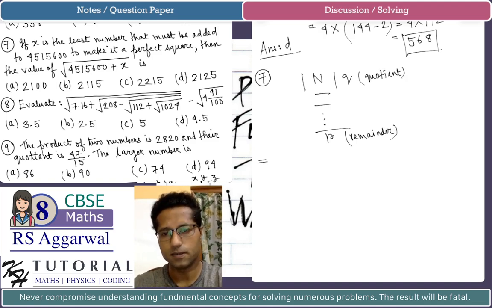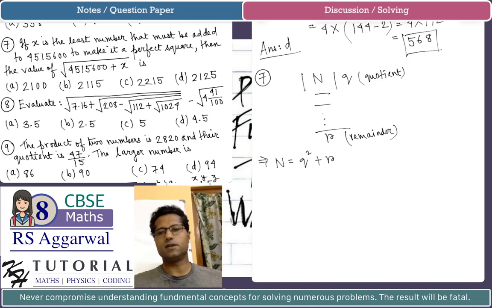This will imply that the number n is nothing but q square plus r. That is why you are getting a remainder r when you are finding the square root of n.